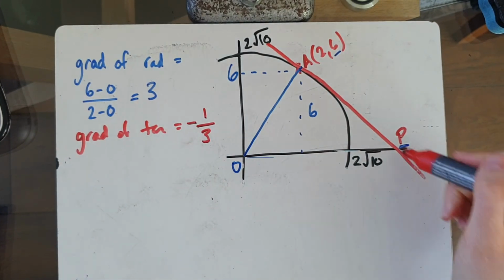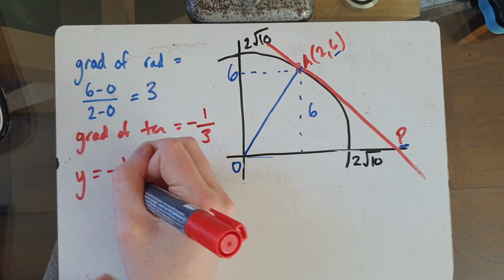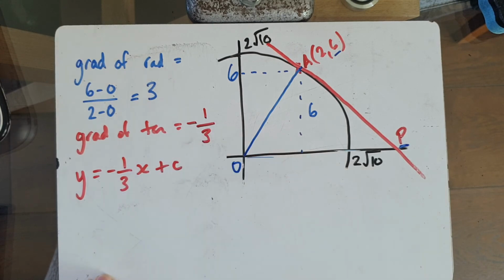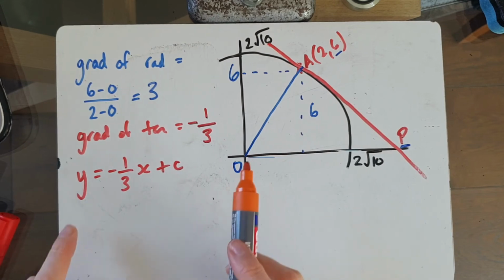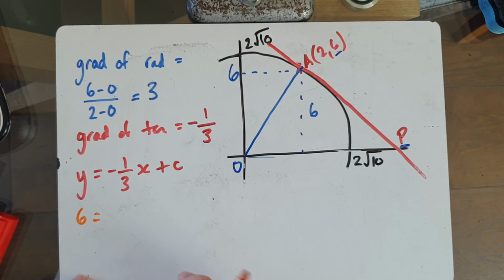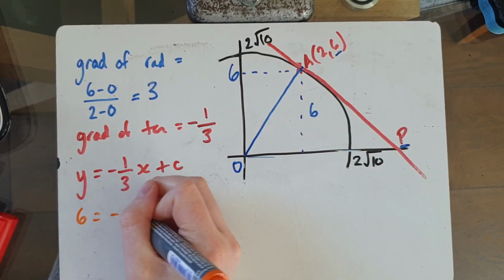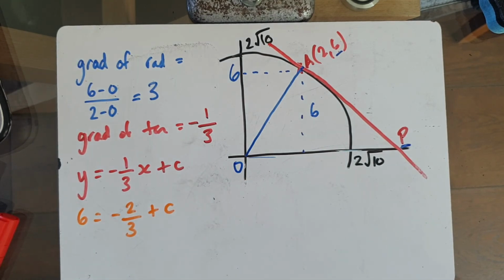That means our equation of the tangent is y equals negative 1 over 3x, so that's the gradient, plus some constant. I'm going to find what that constant is by plugging in this point. So y is 6 equals negative 1/3 times x, which is 2, so negative 2/3 plus some constant.